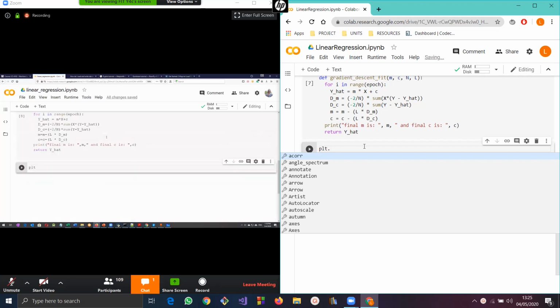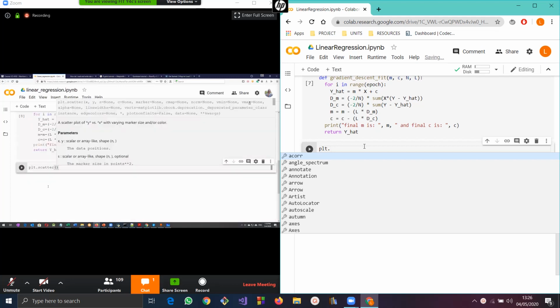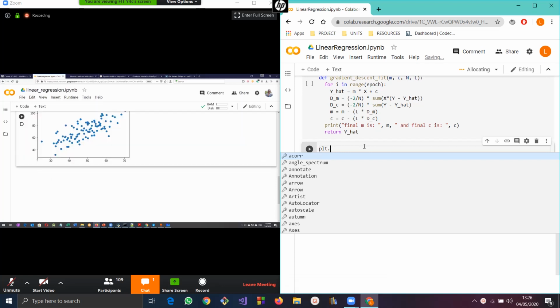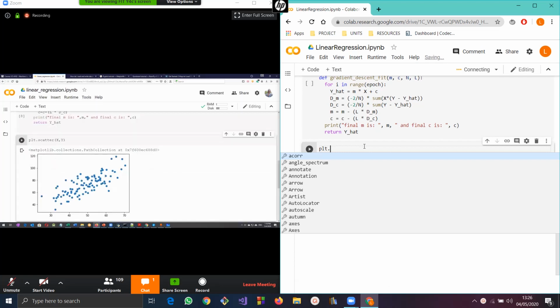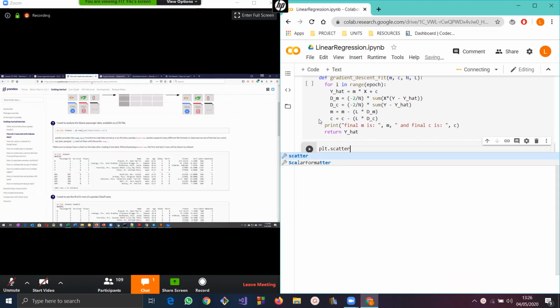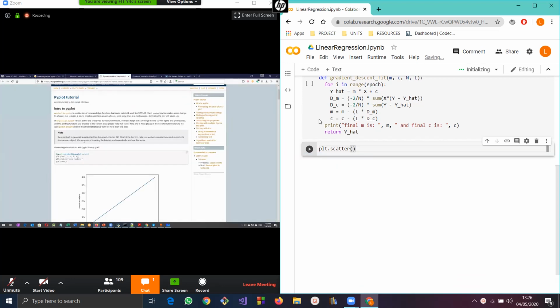When you scatter X and Y, this is actually how that data set looks like. Okay, the X and the Y. Why am I typing scatter? You can just look at the tutorial here and just see everything.